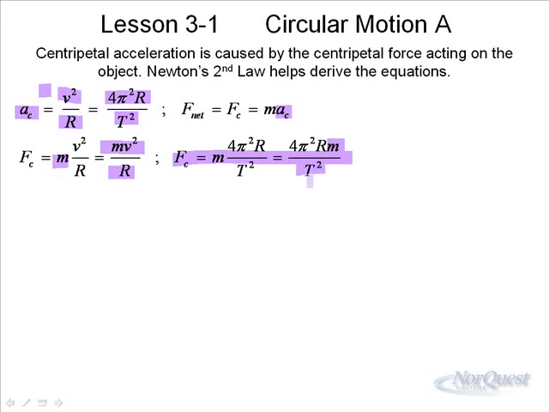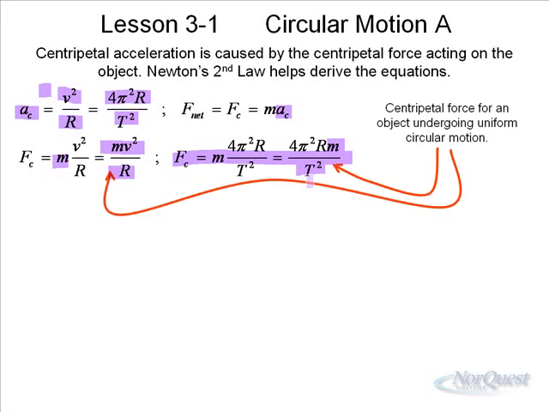That is the time it takes to go through one revolution. And so centripetal force for an object undergoing uniform circular motion, these are the two formulas. So generally on a formula sheet you'll end up with both of the centripetal acceleration equations and both of the centripetal force equations.